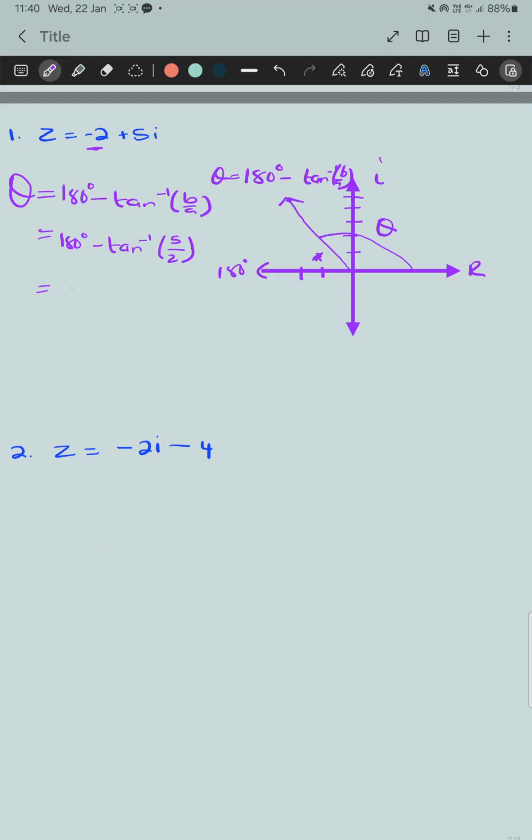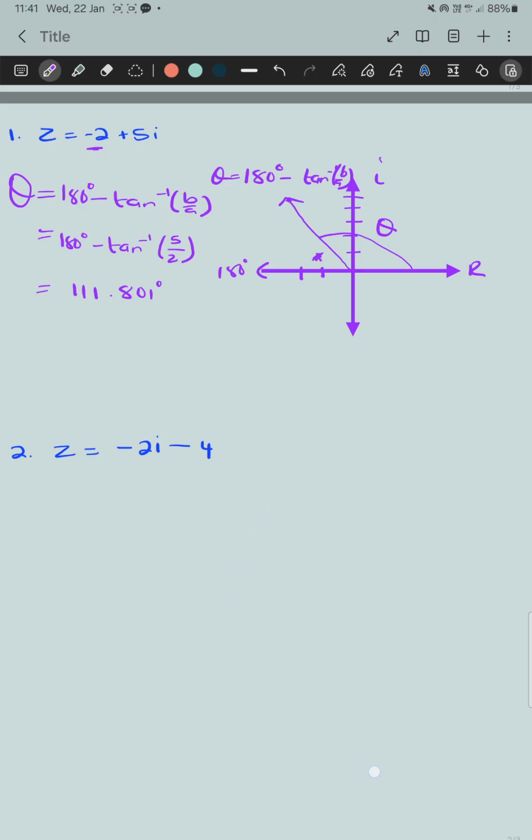That gives me 111.801 degrees, which makes sense. My theta is between 90 and 180. So 111 does make sense. All right. So that's how you do it.